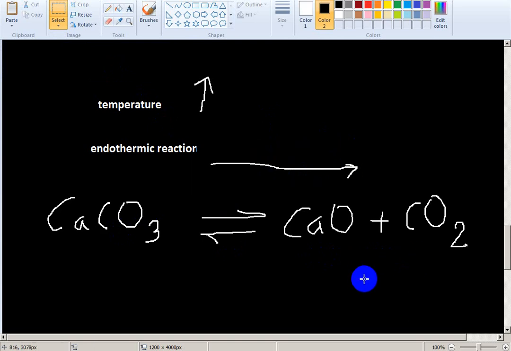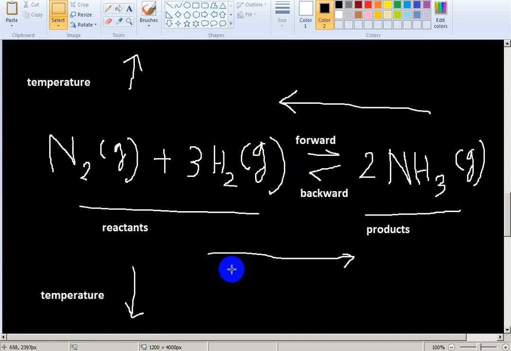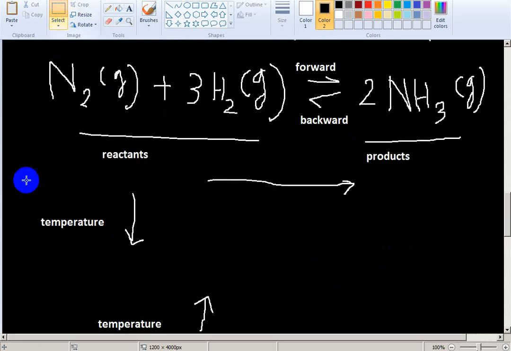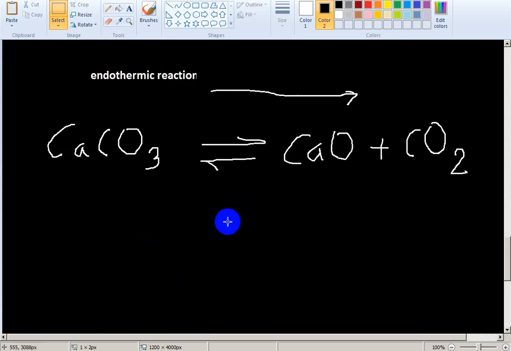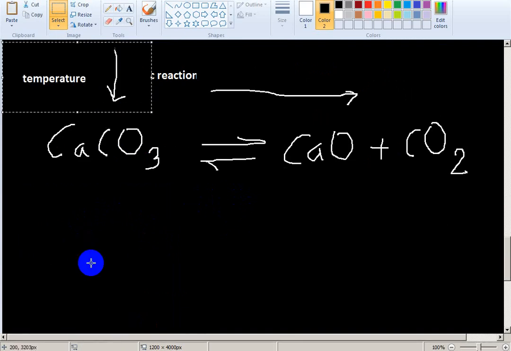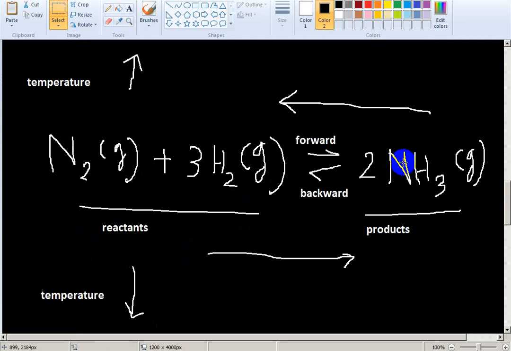Okay, temperature rise and temperature decrease. If temperature decreases, what will happen? Temperature decrease, it will happen from right to left.